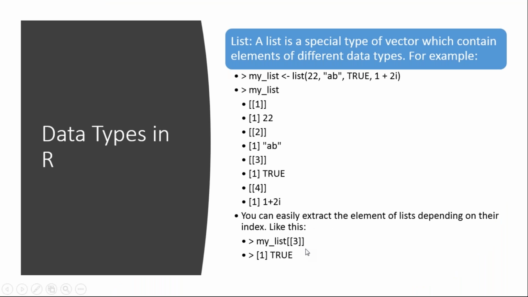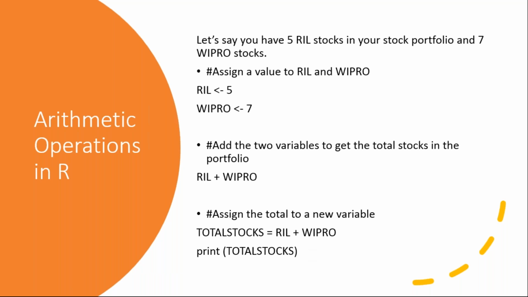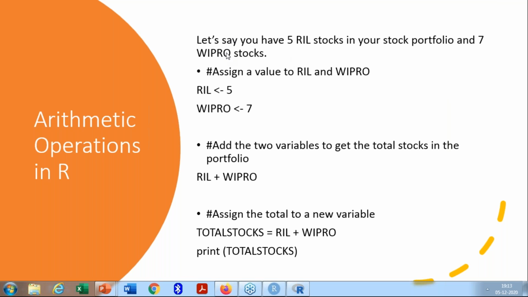So this is okay. Now next, let's take an example. First let's do this example one. See here, suppose you have 5 Reliance Industries stocks in your stock portfolio and 7 Wipro stocks. I am assigning two variables. One is Reliance, where the value of stock is 5, and Wipro, where the value is 7.